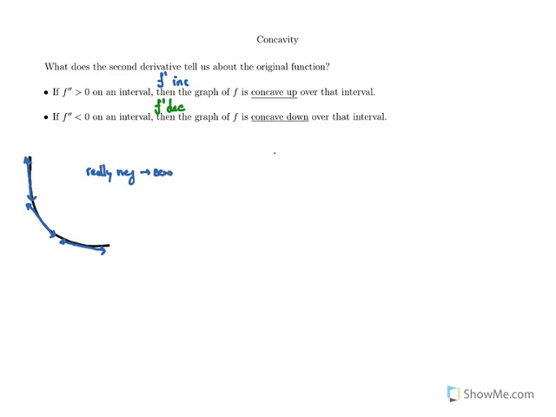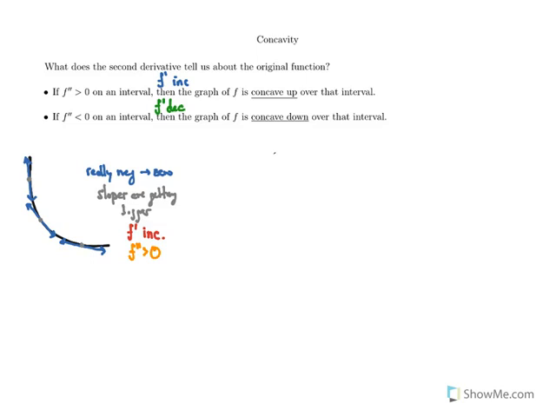And that means that the slopes, that's what we're talking about here, the slopes of these tangent lines are getting bigger. So that means that the derivative is increasing, which means that the second derivative is positive.